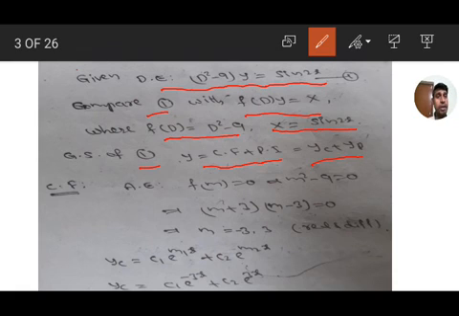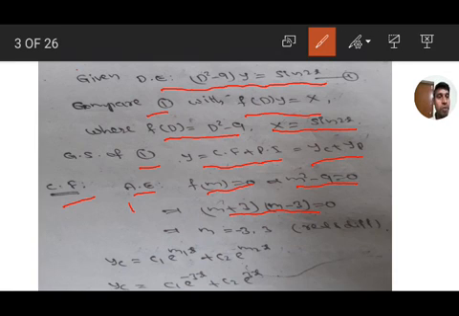Therefore the complementary function is the solution of f of D of y equal to 0, that is the auxiliary equation f of m equal to 0, m square minus 9 equal to 0. M square minus 3 square, a square minus b square, so (a plus b)(a minus b) equal to 0.